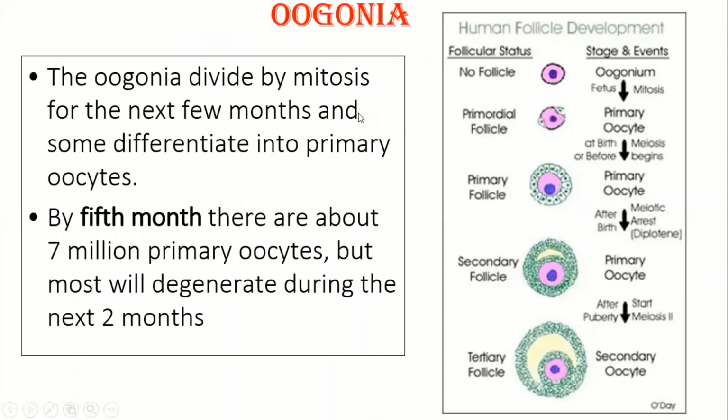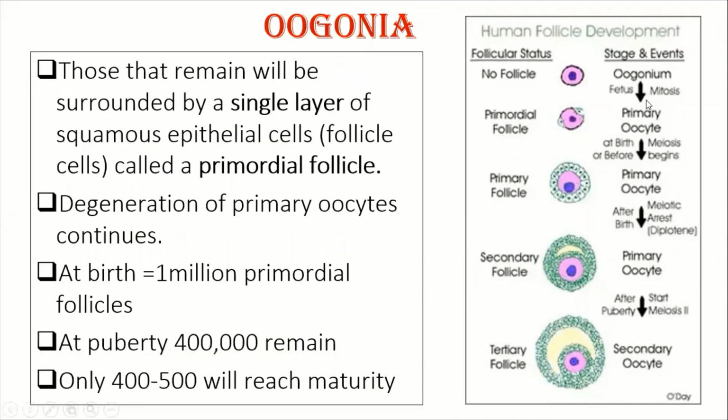The oogonia divide by mitosis, and as I said, it is in fetal life only in females that oogonia give rise to primary oocytes. By the 5th month, there are about 7 million primary oocytes, which mostly degenerate during the next 2 months, and only a smaller number of oocytes or follicles will remain, and finally only one follicle will be active and give rise to the ovum, which is released from the ovary.